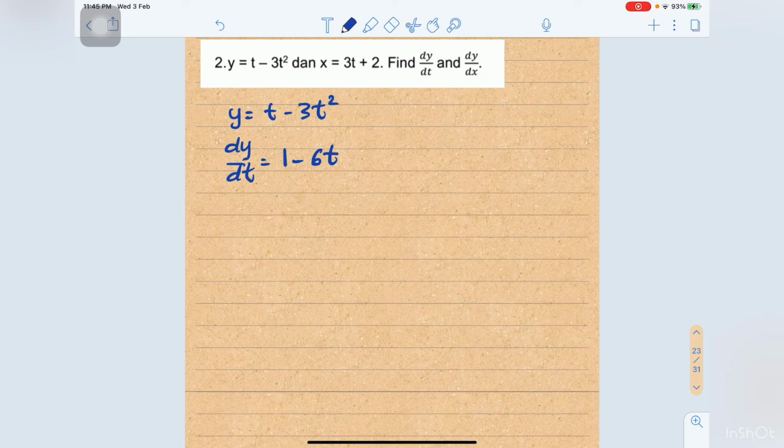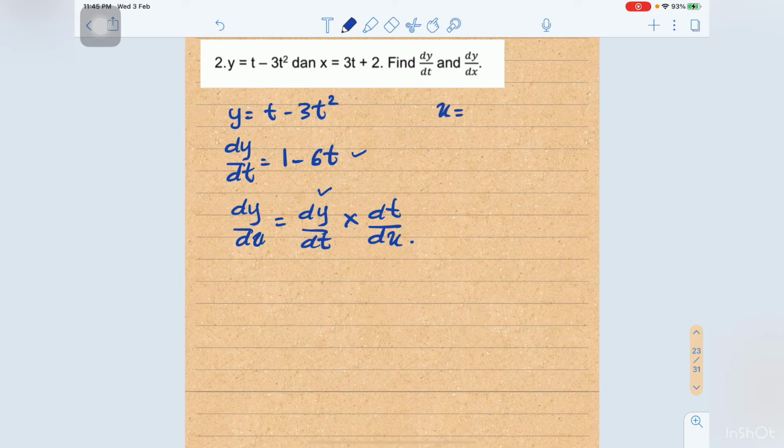After that, we have to find dy/dx. So dy/dx is dy/dt times dt/dx. We already have dy/dt, so we have to find dt/dx. Now we have x in terms of t: x equals 3t plus 2.